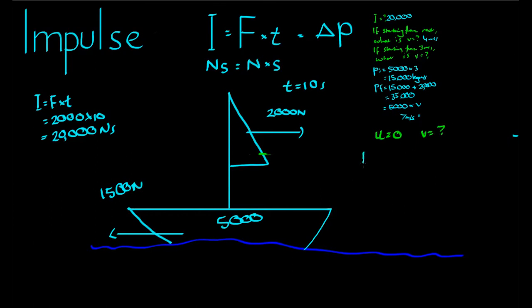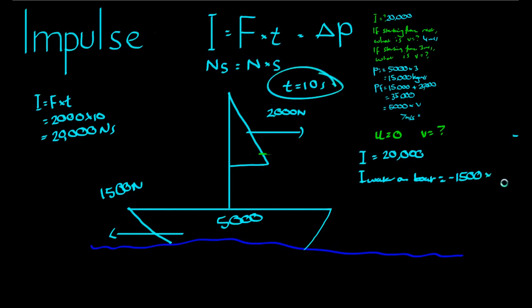Well, the impulse of the wind on the sail hasn't changed. It's still 20,000 to the right, so positive 20,000. Now the impulse of the water on the boat is equal to the force, which is actually negative 1,500 multiplied by the time we're looking at, so times 10, or negative 15,000.